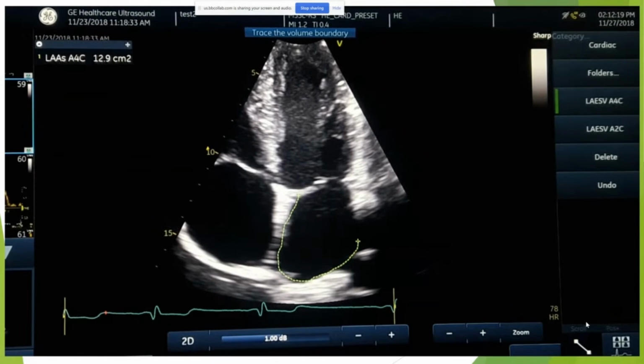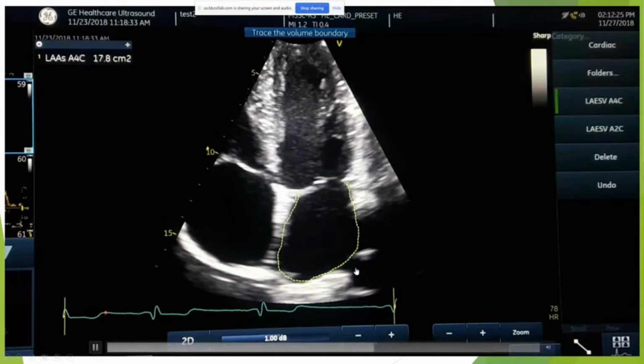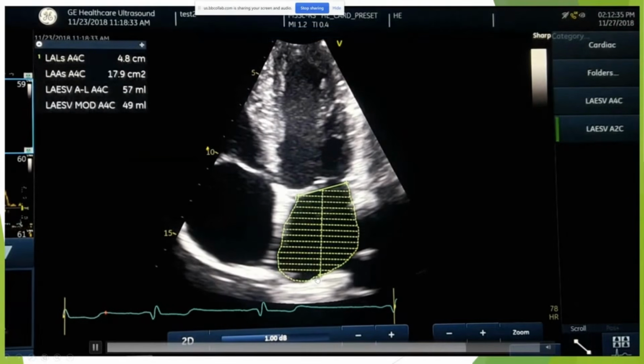And even here, as you see, the left auricle, you don't go there. I need you to notice how he's leaving out the pulmonary veins and this left atrial appendage. This is debatable. I can see why he did it, but I may have cut mine a little bit smaller than that. Then you repeat the same technique for apical 2-chamber.